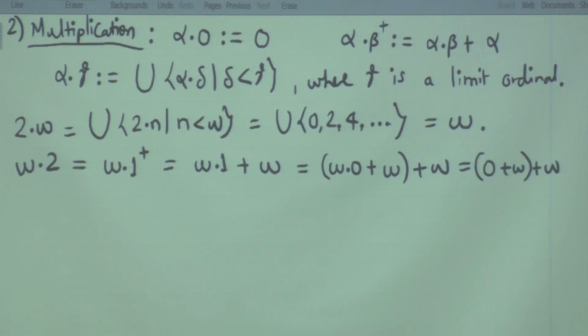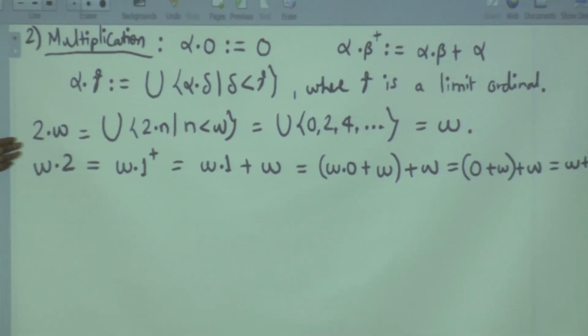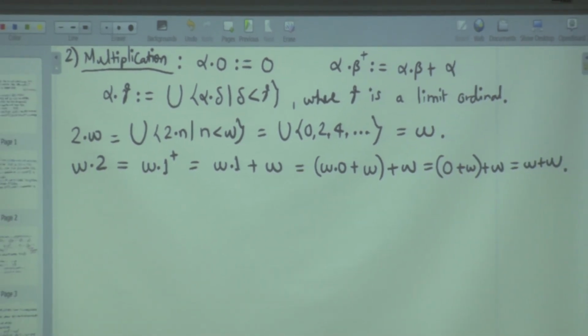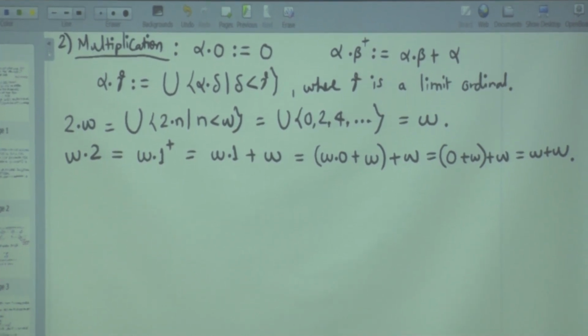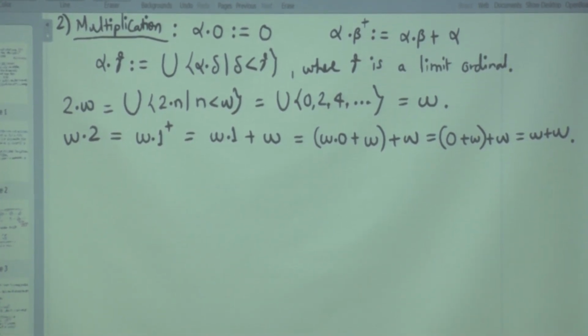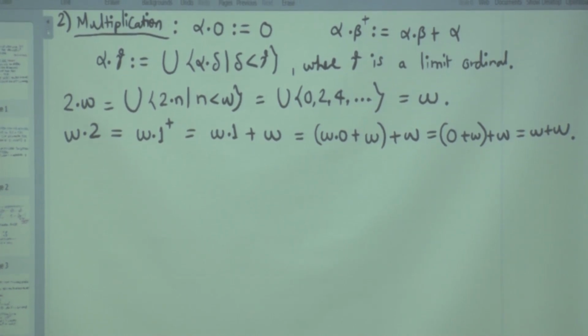Now there is an assignment question to show that 0 plus anything is that anything. Prove that using transfinite induction, and then this will turn out to be omega plus omega by associativity and showing that 0 plus omega is omega. Okay, so this is much bigger. Omega dot 2 is much bigger than 2 dot omega. Again, it is not commutative, but it is associative.